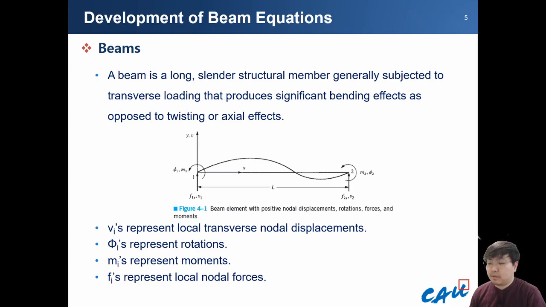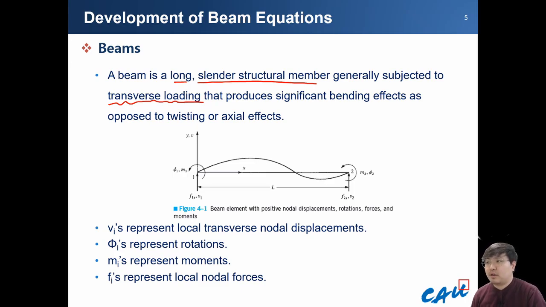Let's start with the beam. So what is the beam? A beam is a long and slender structural member. Generally, it considers only transverse loading or transverse displacement due to some external force or external bending.